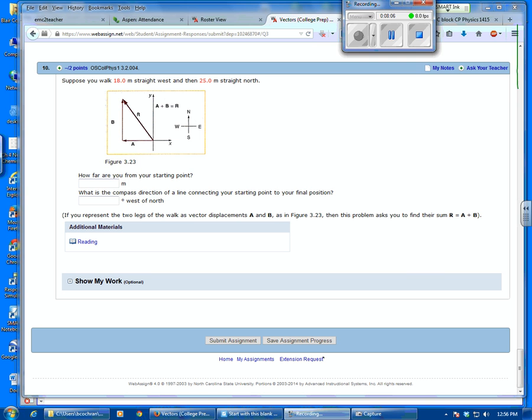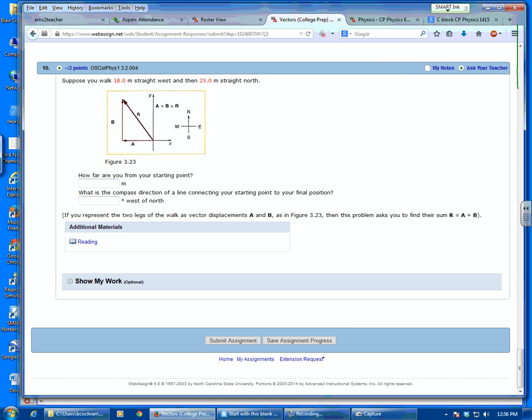So, we're looking at number 10 here. And number 10 is actually a good change from the follow-up to number 3, because in number 3 we are given the displacement vector and asked to find the components of it, the horizontal and vertical parts that make up that vector. Now in 10, we're given the horizontal component and the vertical component and asked to find the vector.